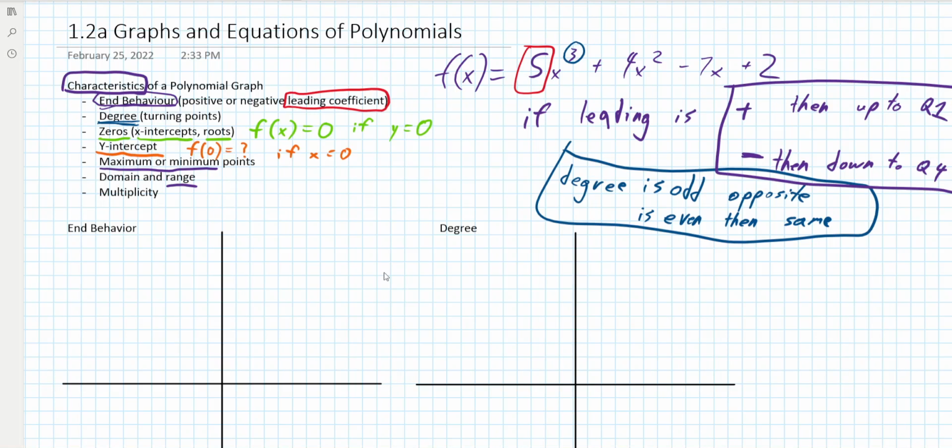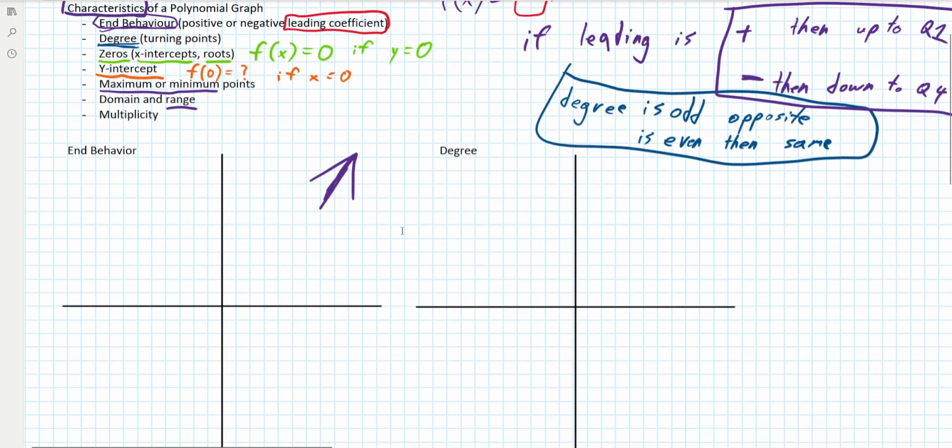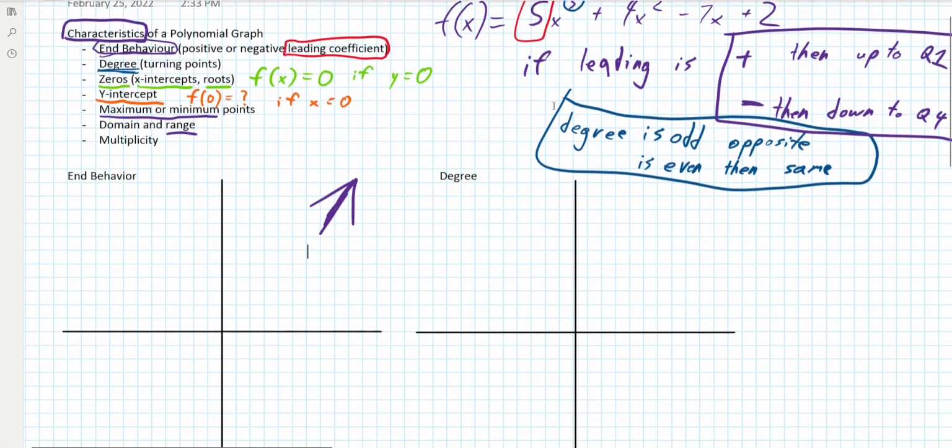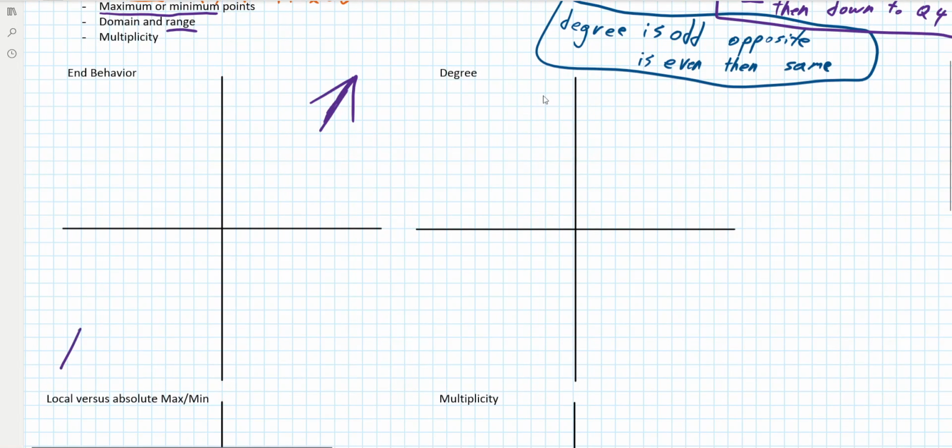Well, because it is positive, it's going to be up in this direction. Okay? What about on the beginning part, or beginning behavior, but end in the negative direction? Well, because it is an odd exponent, it's going to go off in the opposite direction.